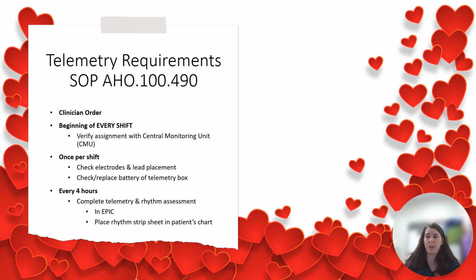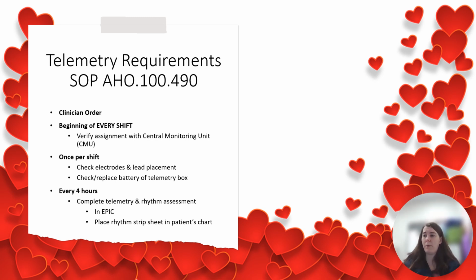And then once per shift, we're going to check our electrodes, make sure that they're placed properly, the leads are placed properly, make sure there's no skin breakdown. If any of them are peeling, we can go ahead and replace them. And we want to check and replace the battery in the telemetry box so that we know it's not going to run out on our shift.